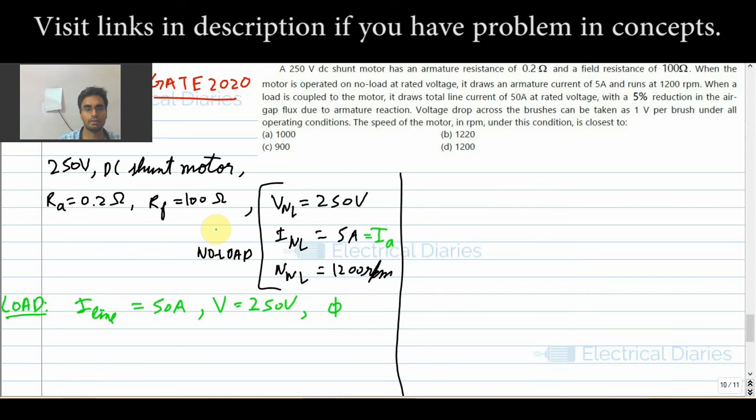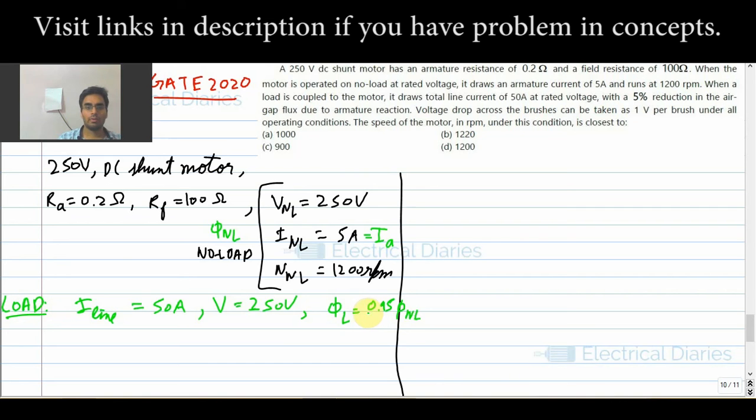So phi at load, with a 5% reduction, is 95%, 0.95 phi NL.